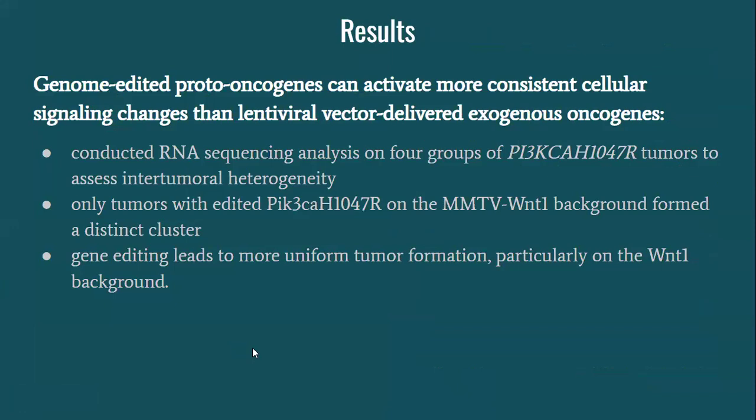To further confirm that, they conducted RNA sequencing analysis on 4 groups of the PIK3CA tumors to assess the intertumoral heterogeneity. And only the tumors with edited PIK3CA on the MMTV Wnt1 background formed a distinct cluster. So this gene editing leads to more uniform tumor formation, particularly on the Wnt1 background.